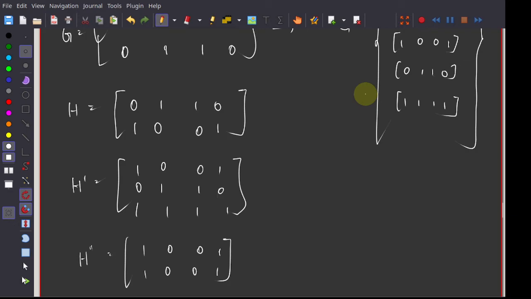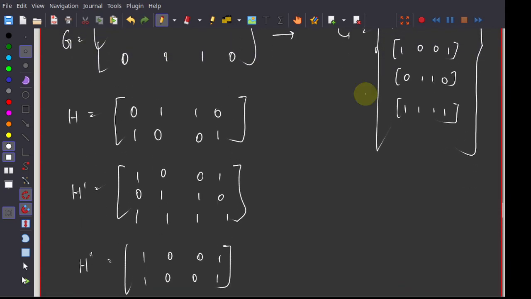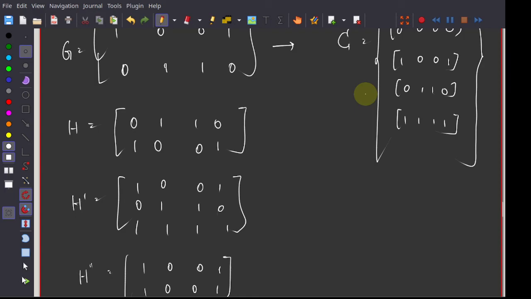So in the first case, is Hg transpose equal to 0? What about the second one? In all three cases, H times G transpose.